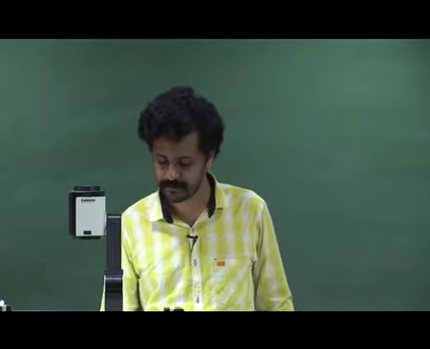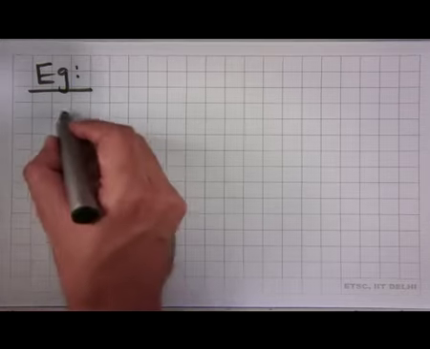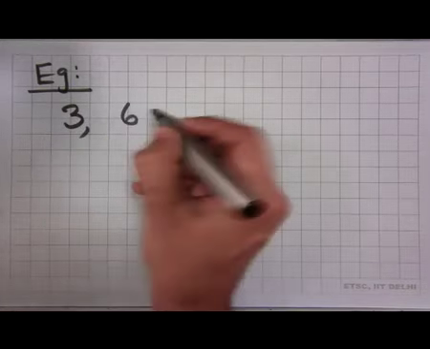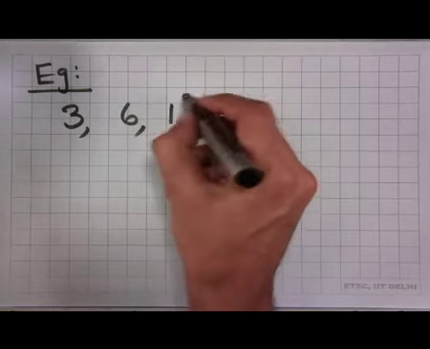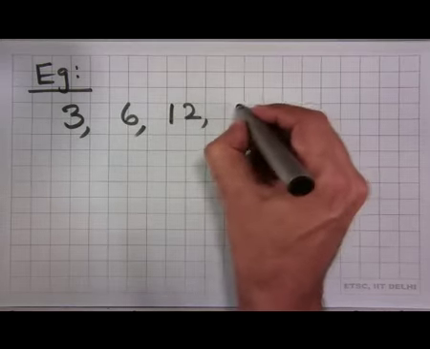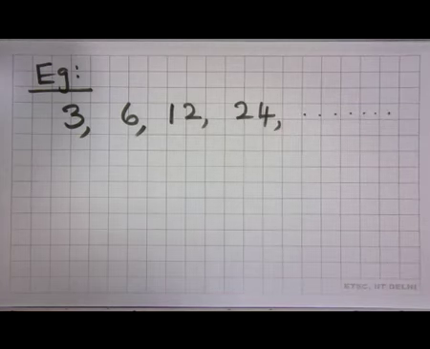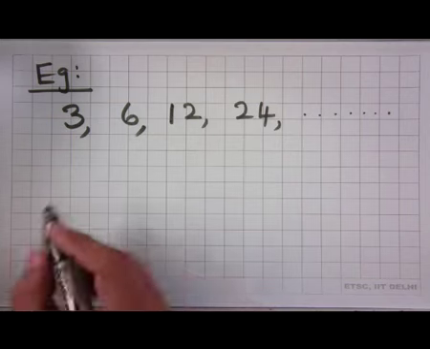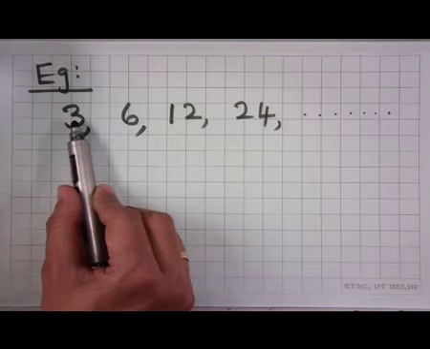For instance, consider the sequence 3, 6, 12, 24, etc. Can you observe the pattern? The second term is the first term multiplied with 2.